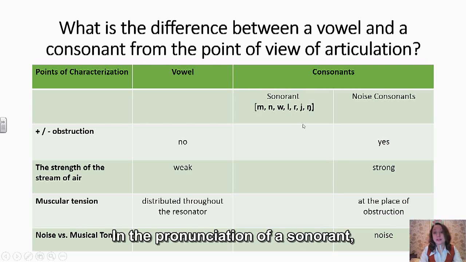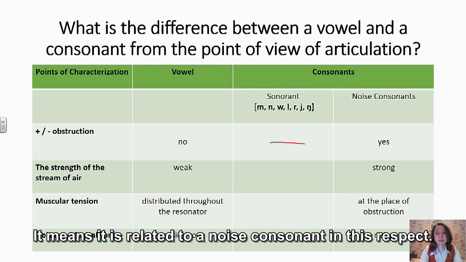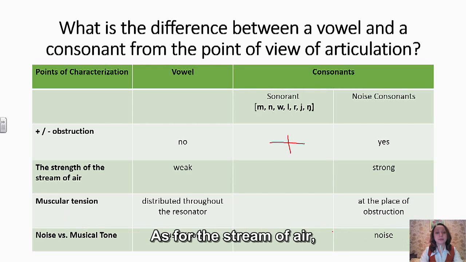In the pronunciation of a sonorant, we have an obstruction. It means it is related to the consonant in this respect. As for the stream of air, it is weak, like in vowels.